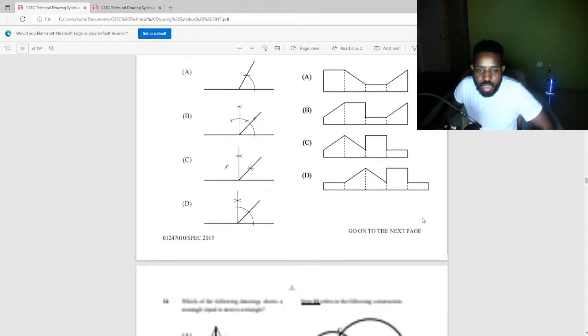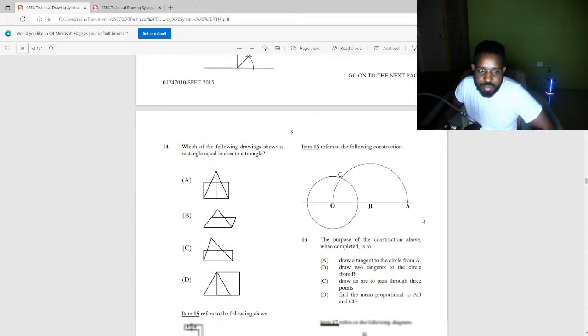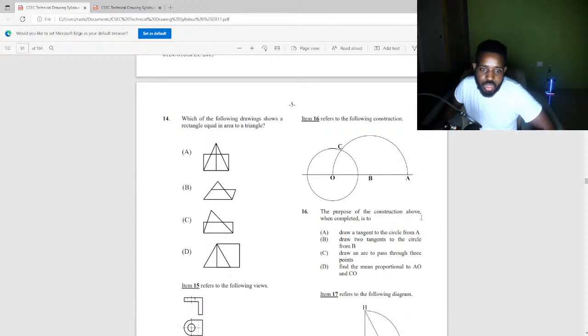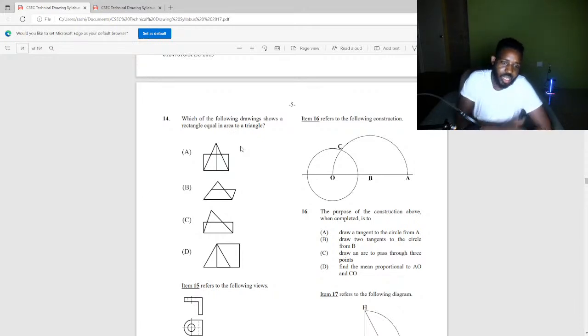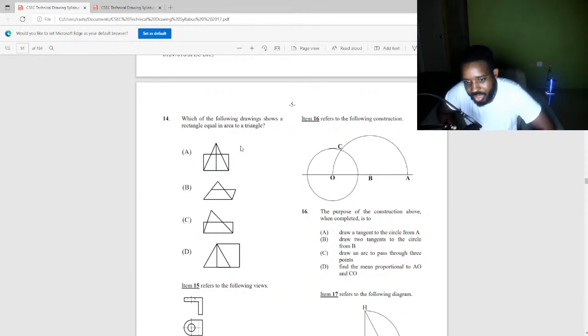All right, number 14. Which of the following drawings shows a rectangle equal in area to a triangle? All right, so a rectangle equal in area to a triangle. I think I have this video on my channel. Any idea what the answer for number 14 is?